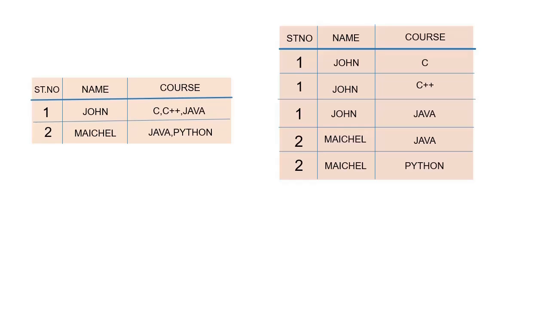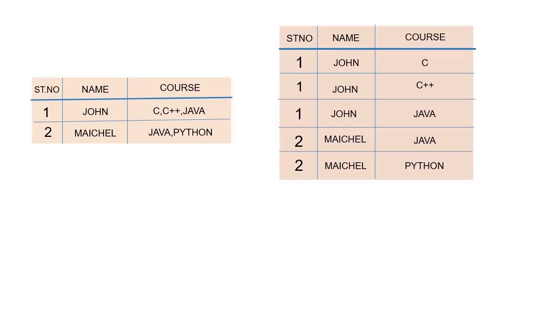Now, suppose you want to access the data about all the students who are studying the course Java. In the case of the second table, we can have easy access.